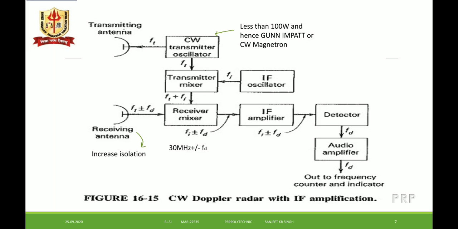Extra sensitivity is provided by the lowered noise, because the output of the diode mixer is now in the vicinity of 30 megahertz, at which FM noise has disappeared, and the separate transmitting and receiving antennas provide increased isolation between the two. The continuous wave transmitter oscillator used is for less than 100 watt, and hence a gun diode or a continuous wave magnetron can be used.